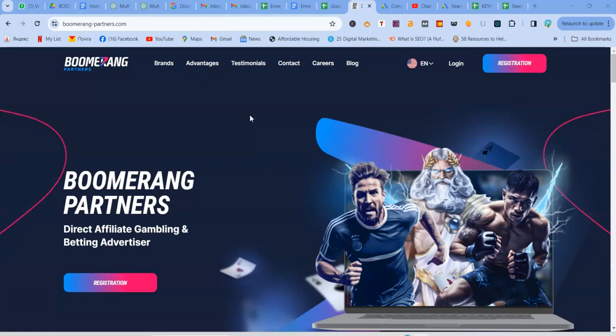That's one. So, obviously, with Boomerang Partners, they have their goals of getting traffic, getting people to sign up for these games, play, win, and basically they are also a business, so they're also trying to get some revenue, just like any other business.